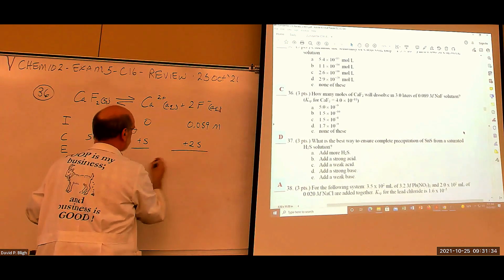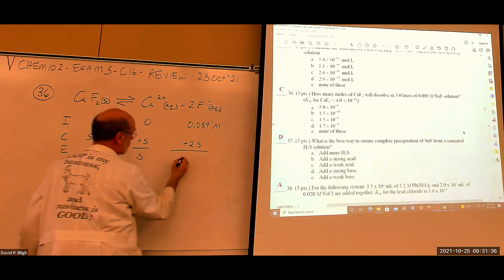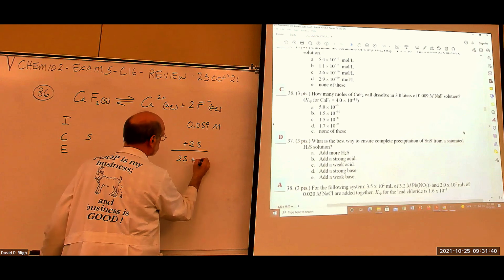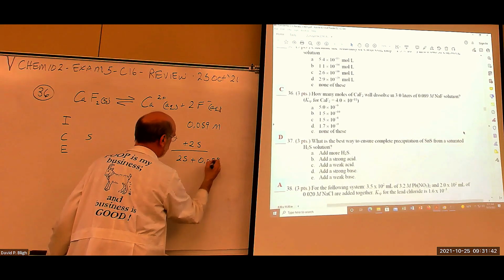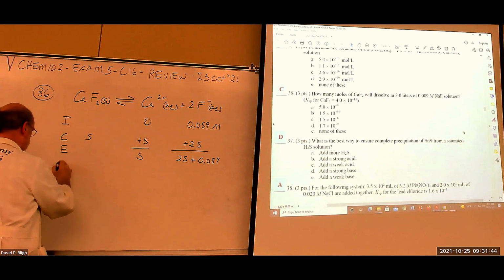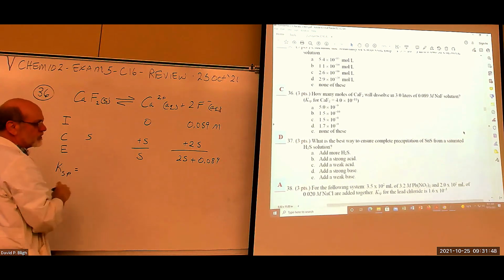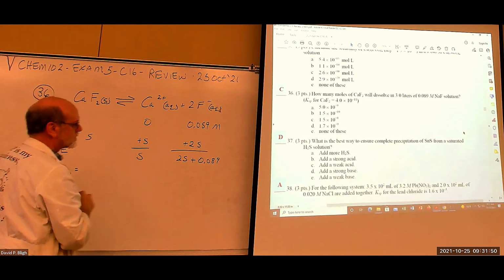All right? So our equilibrium expression is this. 2S plus 0.089. That means our KSP is equal to what value? 4 times 10 to the minus 11.